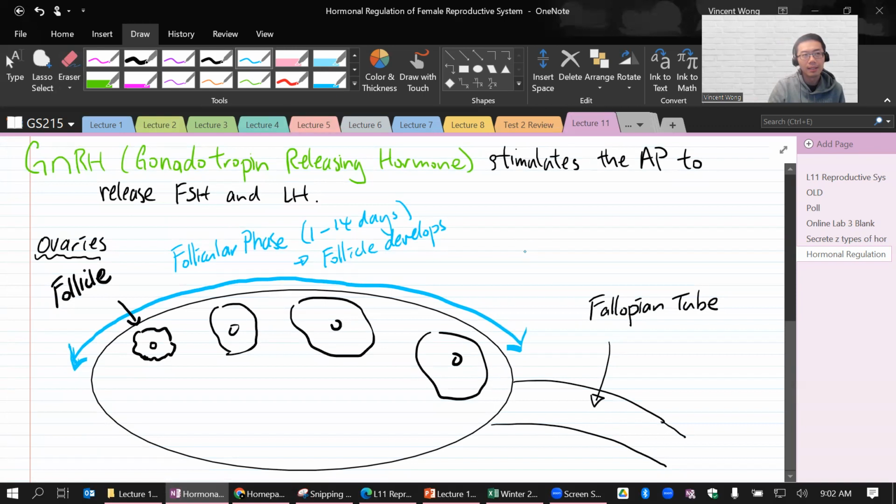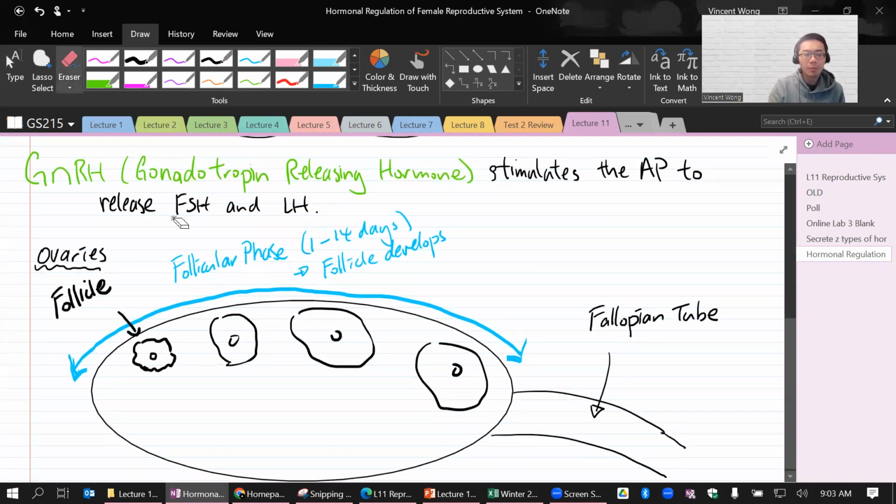Let's do an educated guess here, people. We have two hormones: FSH, which stands for follicle stimulating hormone, which we wrote down already, and LH, which is luteinizing hormone. Which hormone, FSH or LH, do you think will encourage the follicular phase?